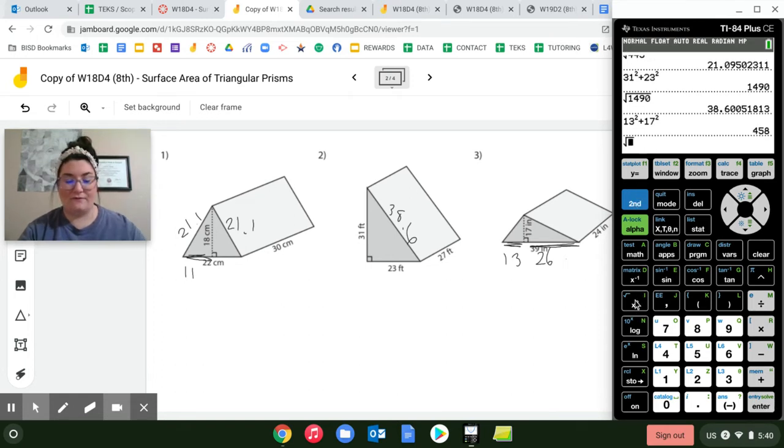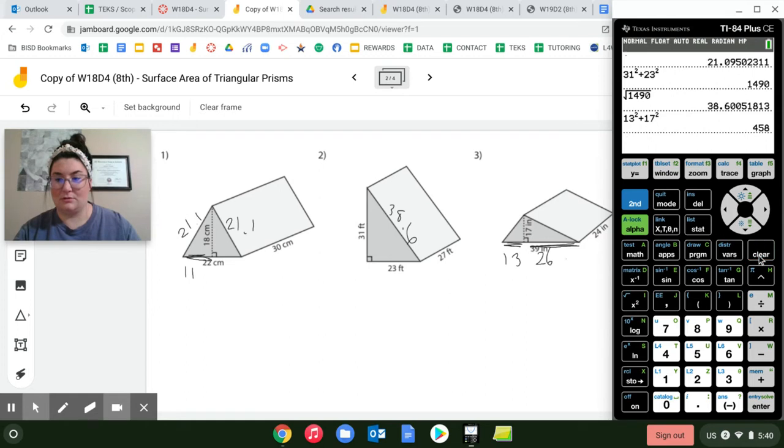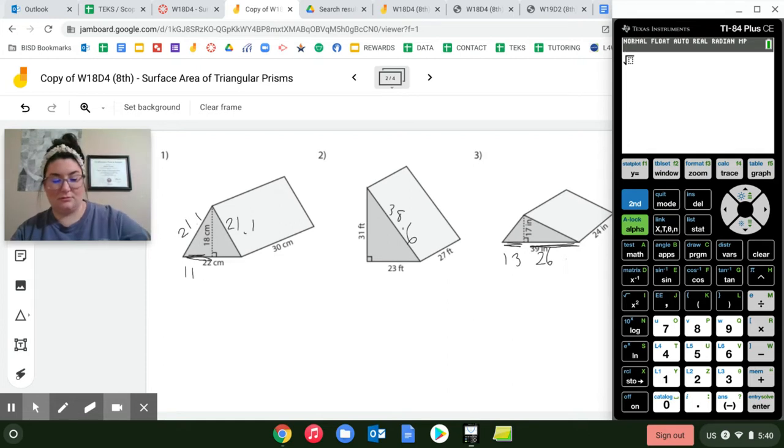Square root of 458. Uh-oh. I messed up. Let me just start that over. Guys, I'm messing that up. Square root of 458 is 21.4.